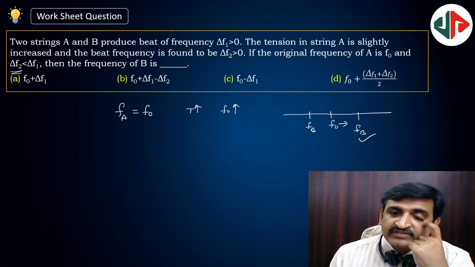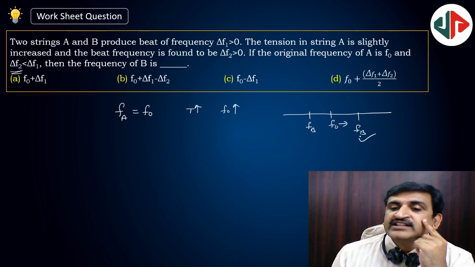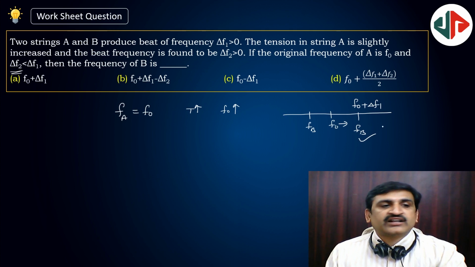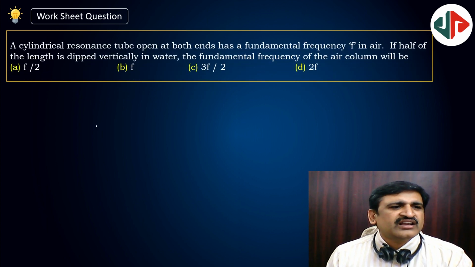If it is this other one, the number of beats will increase. As it is approaching, the number of beats will decrease, so FB should be this one, F0 plus delta F1. F0 plus delta F1 should be the frequency of B. So option A.